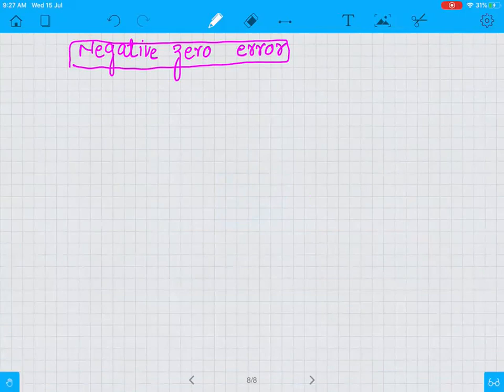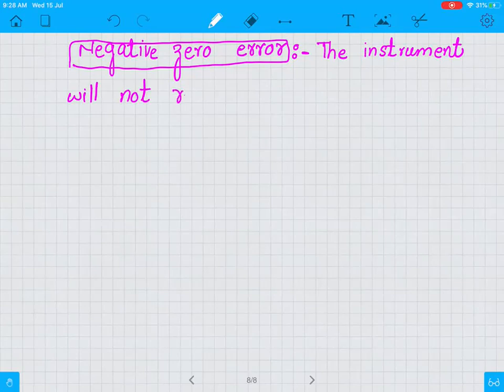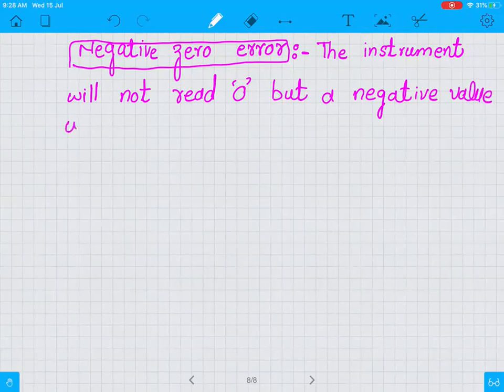In case of a negative zero error, the instrument will not read zero, but a negative value when made off.